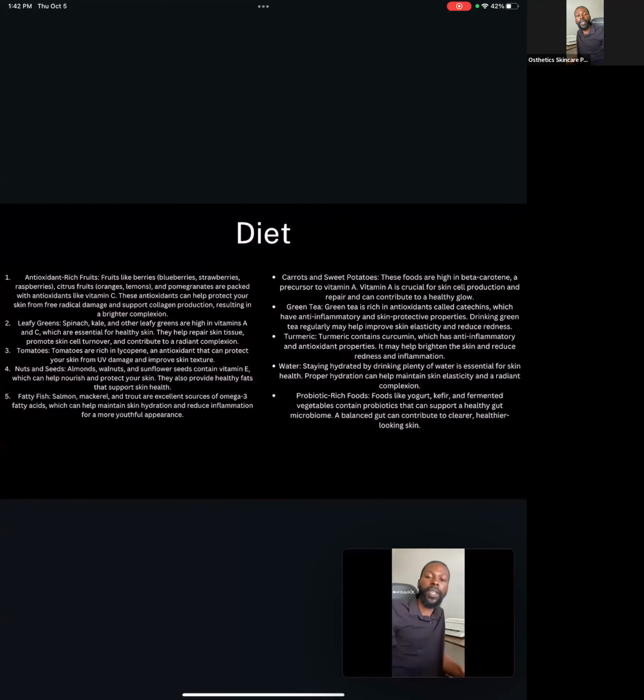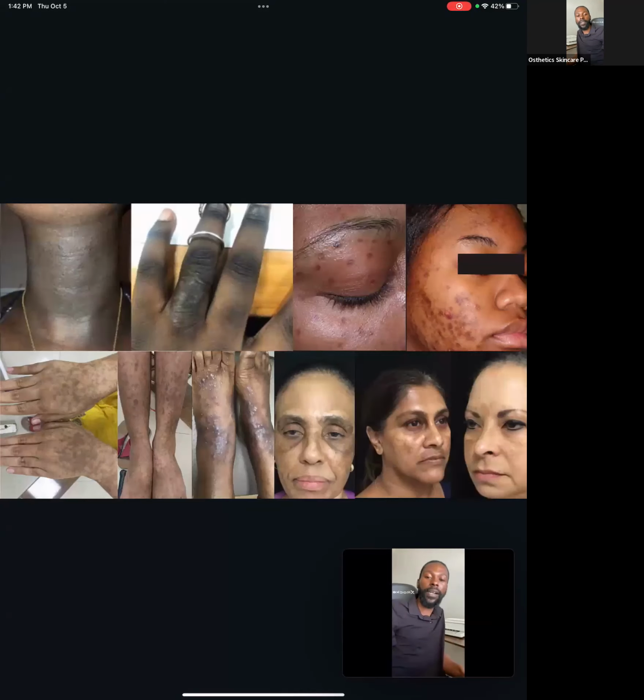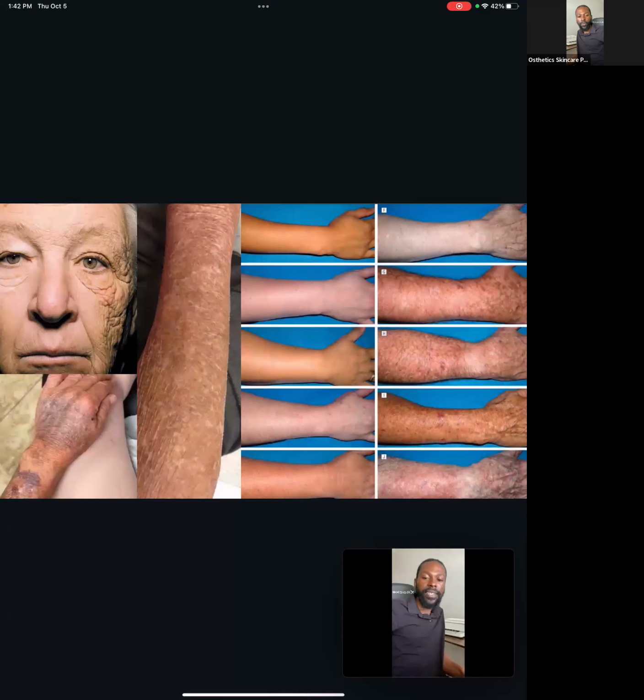Now let's go back to the sun damage. Let's say one of these individuals came in and we caught this hyperpigmentation, and they say, okay, what can we do to prevent this from coming in? We can hit them with the tyrosinase inhibitors, the brighteners and all the modalities, and it will improve, but they will want to know how to prevent it from coming in.